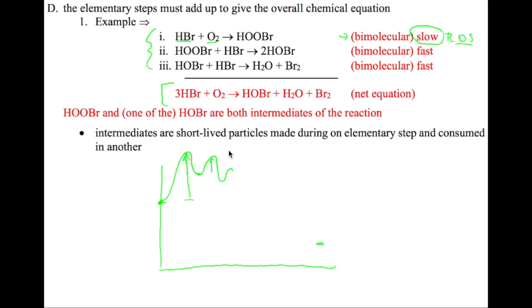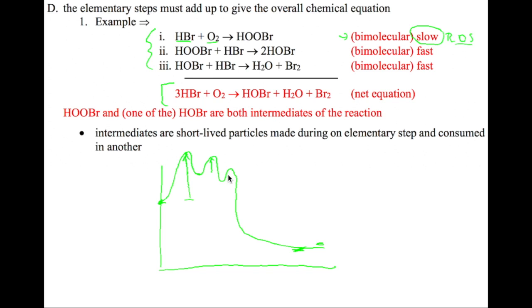Now, after this is the case, we have to undergo a third and final step, which is one of the HOBr molecules is going to interact with hydrobromic acid and become water and bromine. And this will get you to your end product.